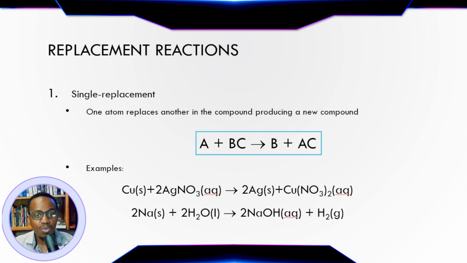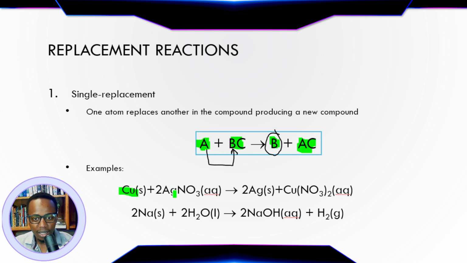So single replacement, as we learned, is going to be A plus BC is equal to B plus AC, right? And the way it works is A comes in and replaces B so that B is by itself, right? And these are examples.